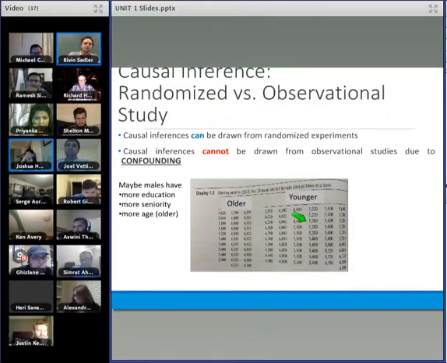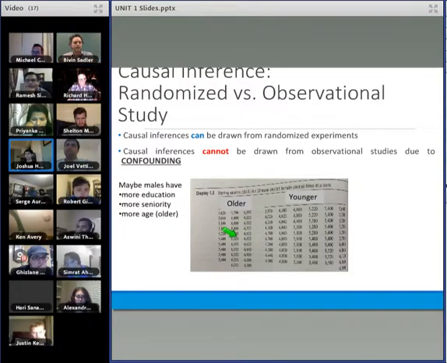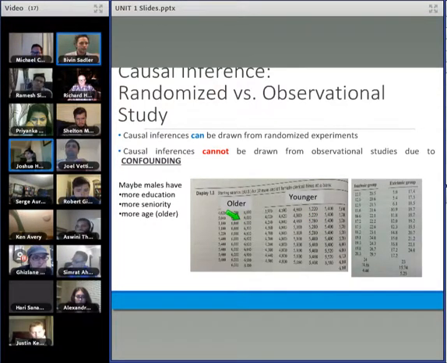So the thing with a randomized experiment is, imagine for a moment if you were able to randomize gender, then you would theoretically be mixing up all these olders and youngers. If I just flipped a coin, old is just as likely to end up over here as it is to end up over here, so you would imagine that older and younger would be randomized. So that's kind of what we see here.